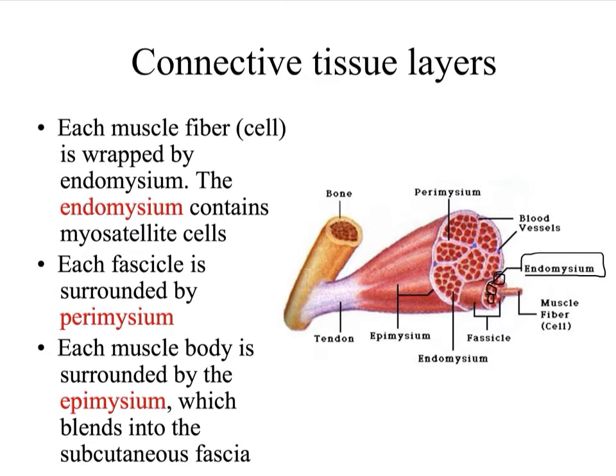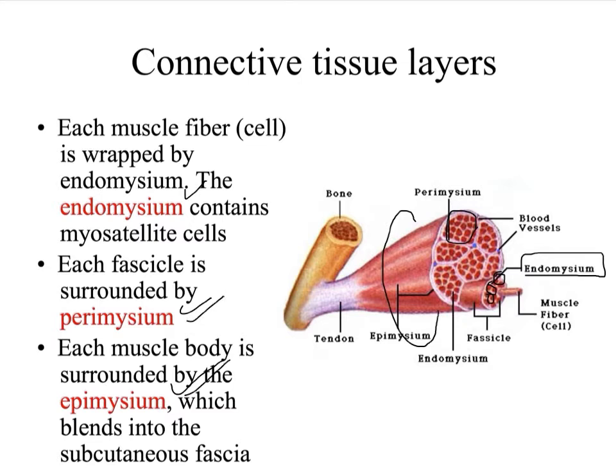So then you put the muscle fibers together, you've got a fascicle, and the fascicle is surrounded by the perimysium. When you put the entire muscle body together, you've lumped all those fascicles together and now made it an entire muscle. That's going to be surrounded by a connective tissue layer called epimysium. So endomysium, perimysium, and epimysium.